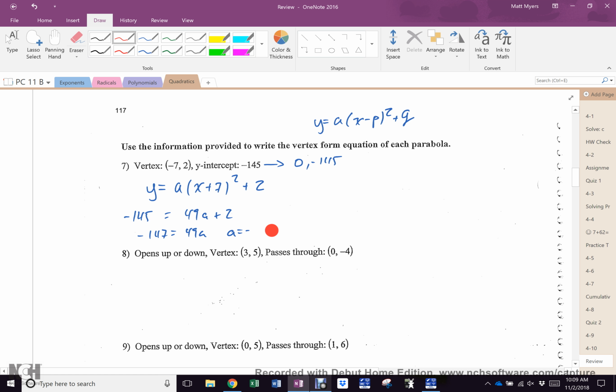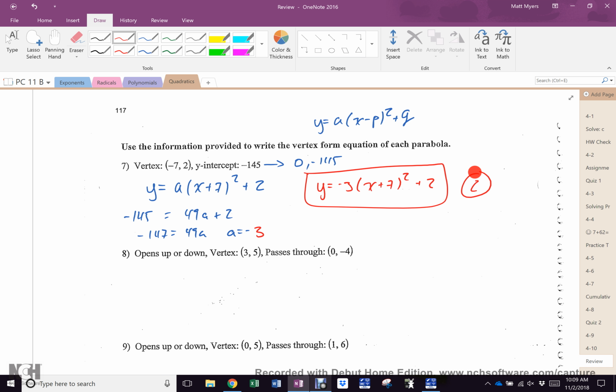Sorry. My final answer is y equals negative 3(x plus 7) squared plus 2. I think it's going to have to be 2 marks, isn't it? Seems only fair.